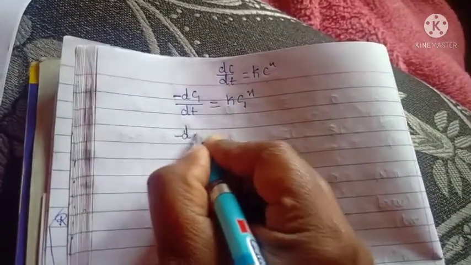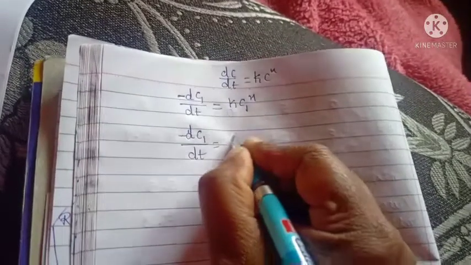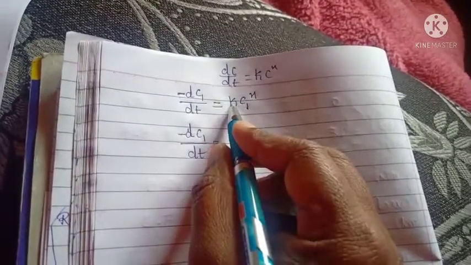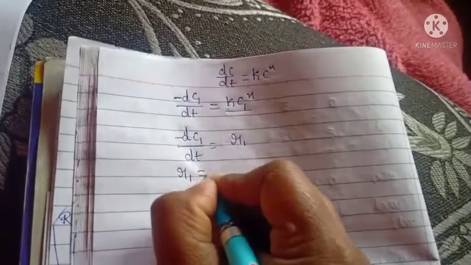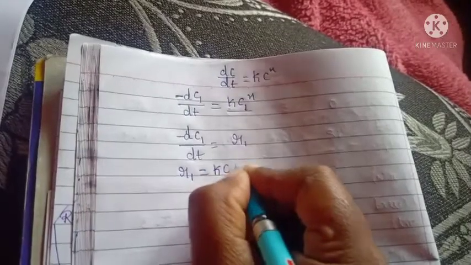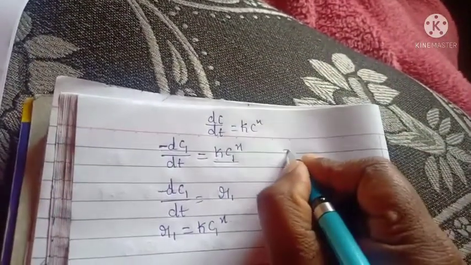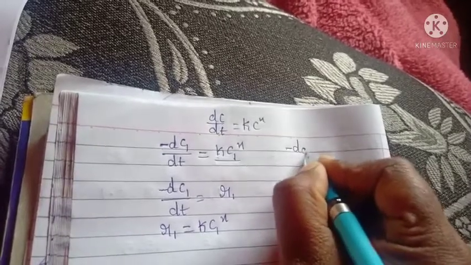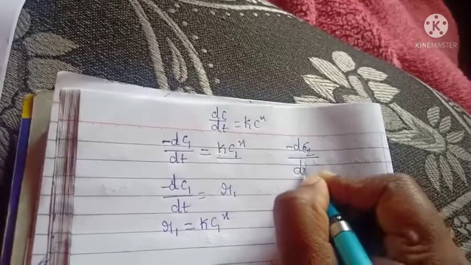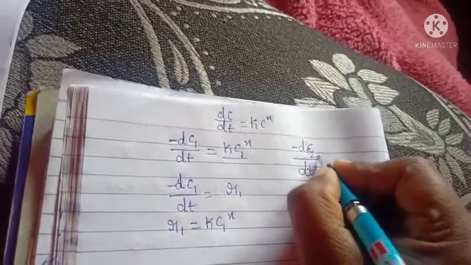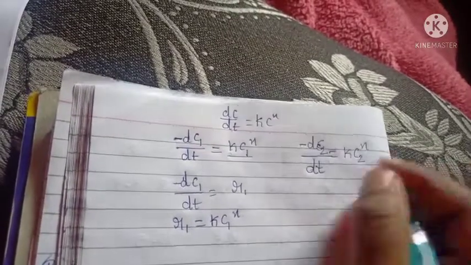And then minus dC1 by dt is equal to R1. Okay, so R1 is equal to k into C1 whole to the power of n. Then minus dC2 by dt for the second condition is equal to k into C2 whole to the power of n.